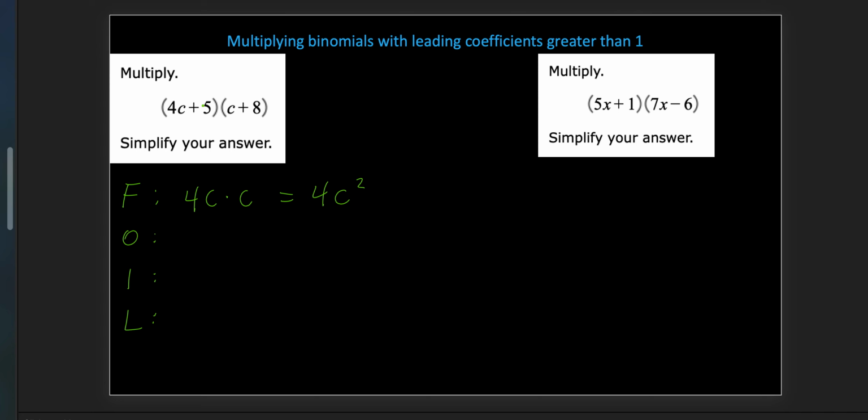And the outer positions is 4c and 8. So that's 32c. The inner is these two right here, 5 times c, which is 5c. The last positions is 5 times 8. So that's 40.